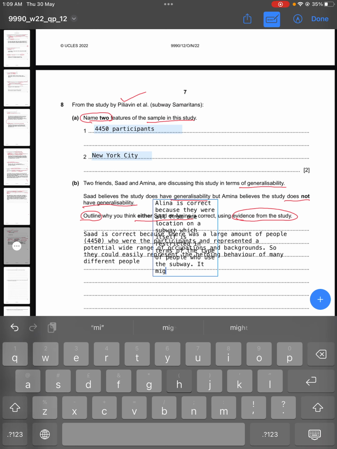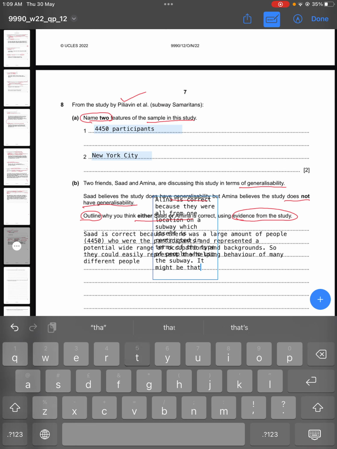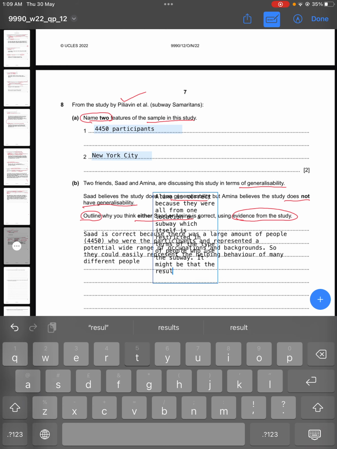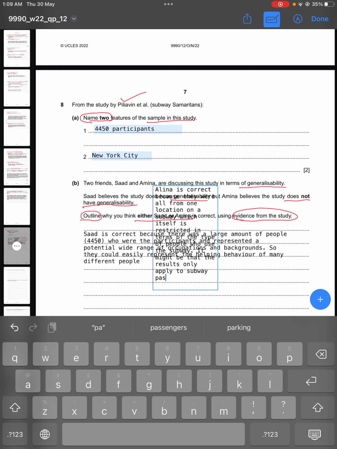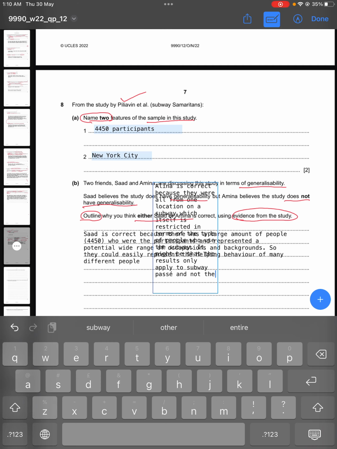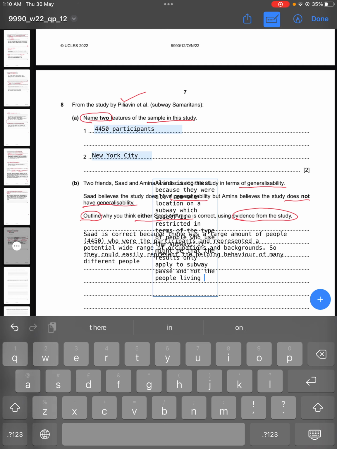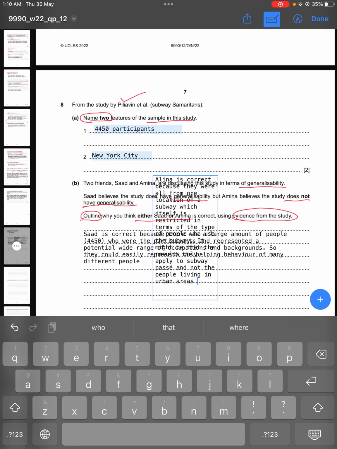So it might be that the results only apply to subway passengers and not the people living in urban areas.